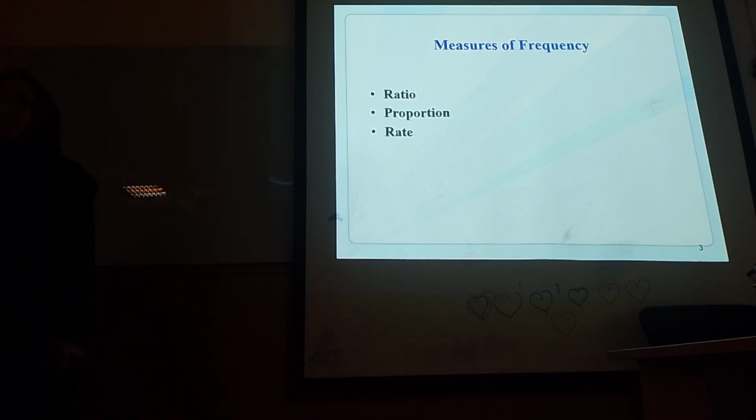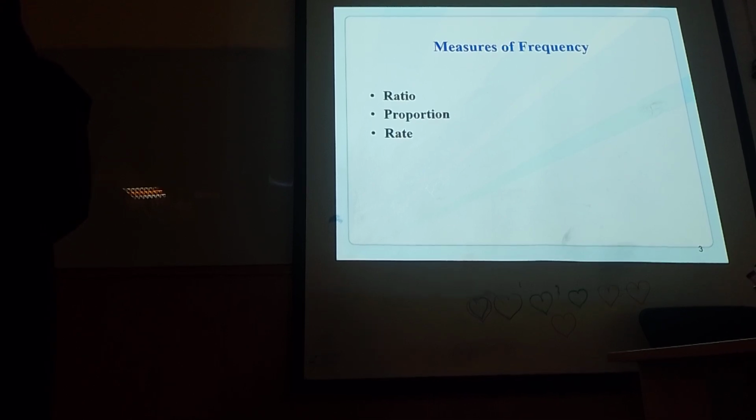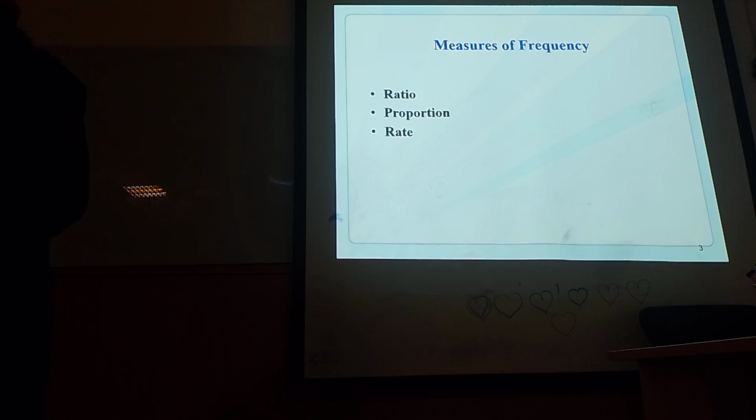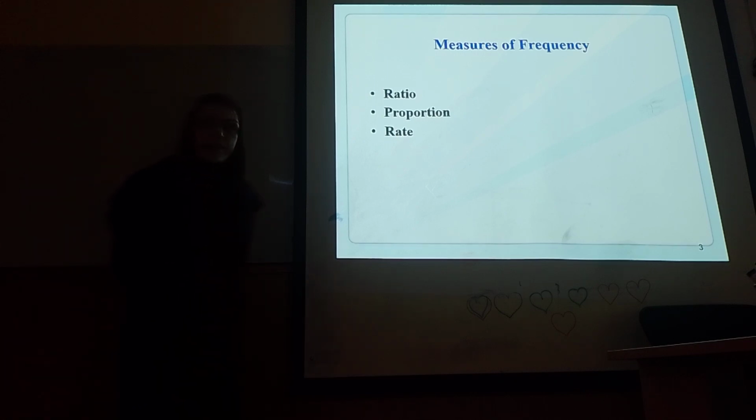Do you know? Proportion is like a percentage, and the difference between ratio and rate is that in both there is a numerator as well as a denominator. In ratio, the numerator is not part of the denominator, but in rate, the numerator is a part of the denominator. Very good.